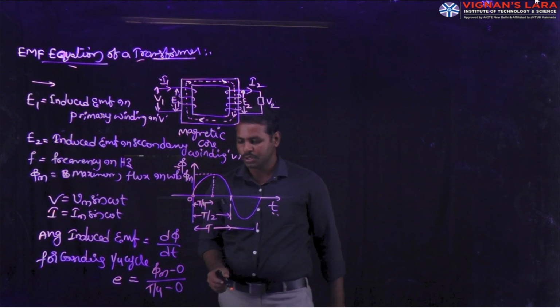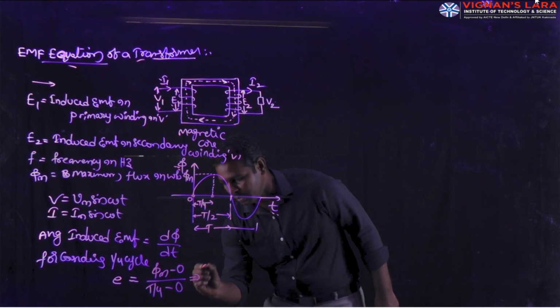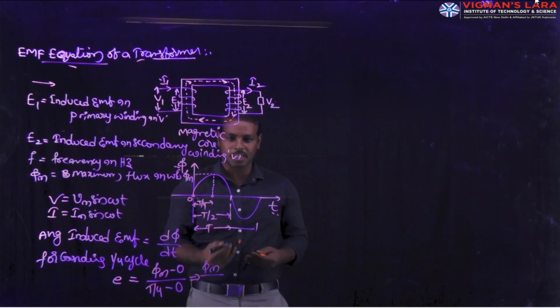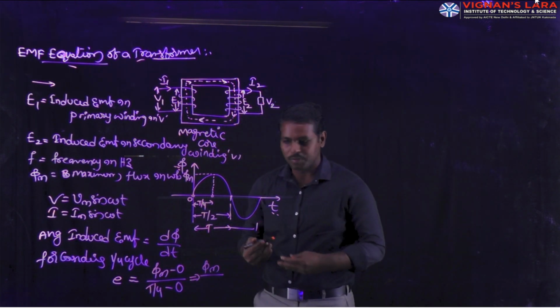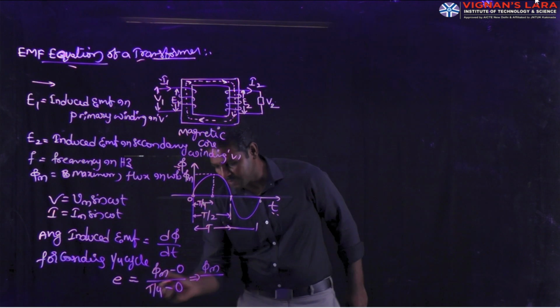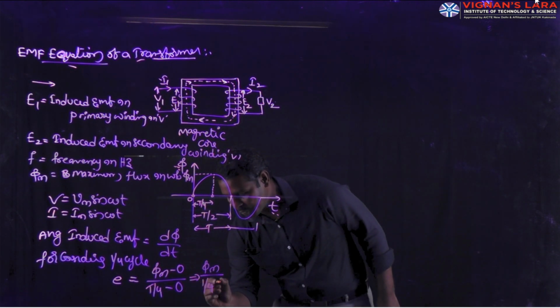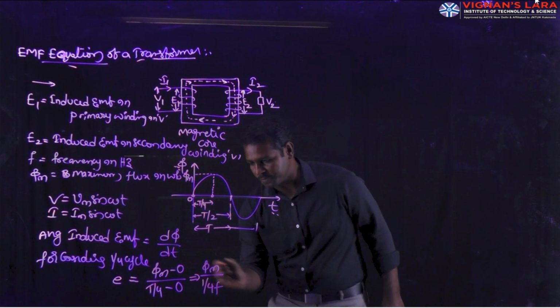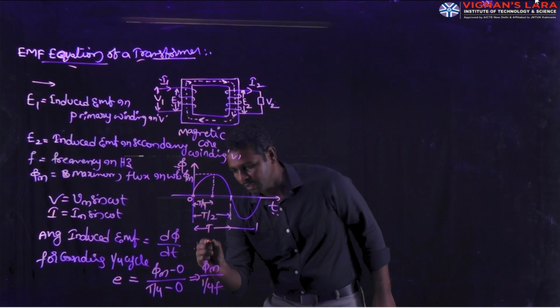So e is equal to phi m divided by the time period, and time period and frequency are inversely proportional, so t is equal to 1 by f.